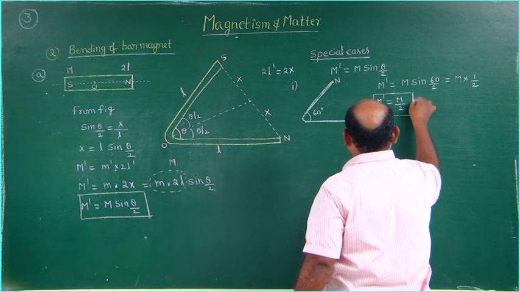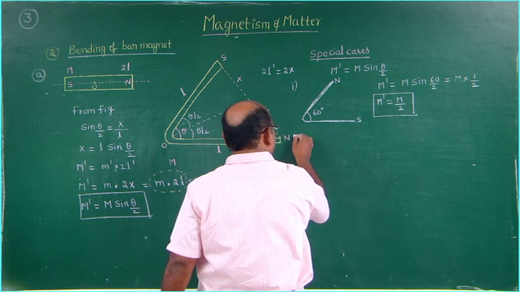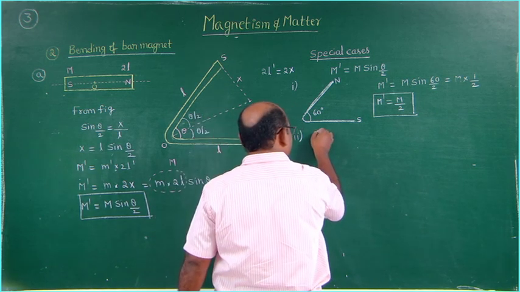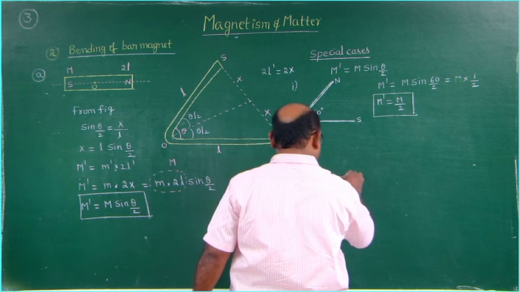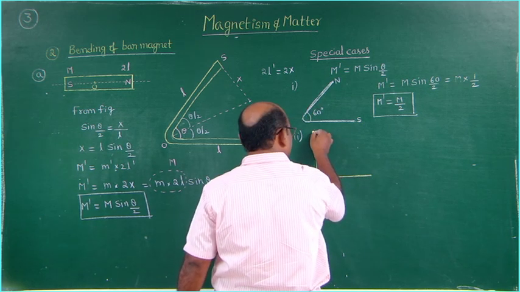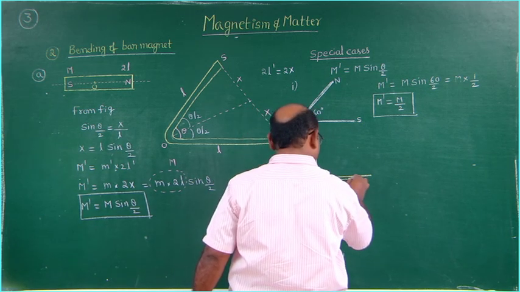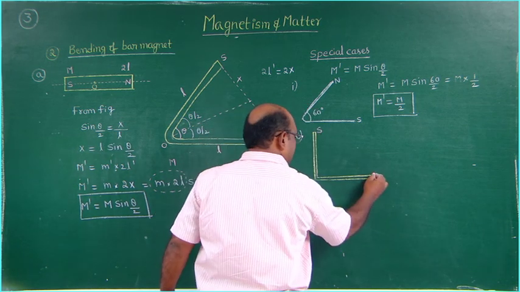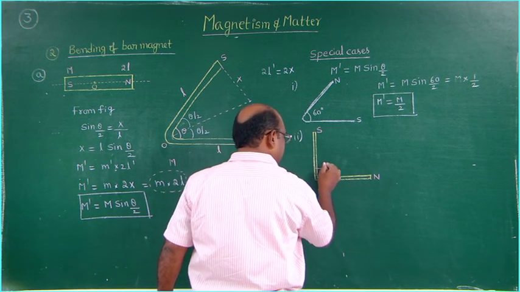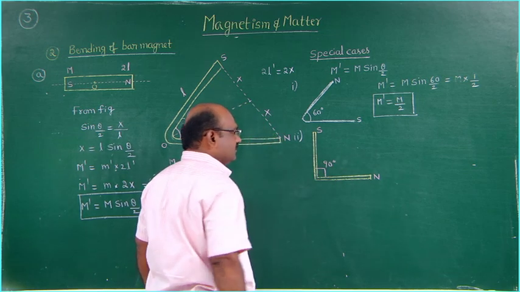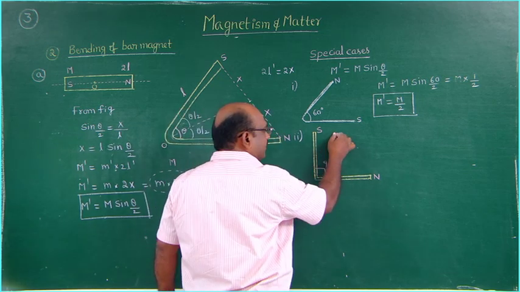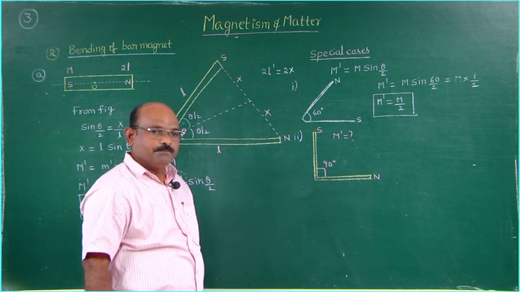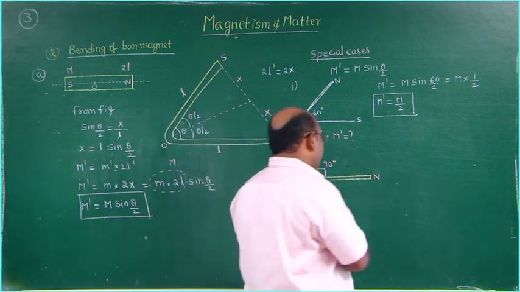Keep those lines in mind. Similarly, second problem: if the bar magnet is bent at a midpoint such that it is as shown in the figure, this is the south pole and this is the north pole. So, what is the angle here? This is 90 degree. Now, what is the new magnetic moment? M dash value they are asking. Before bending the magnetic moment is M. After bending we have to find the magnetic moment.